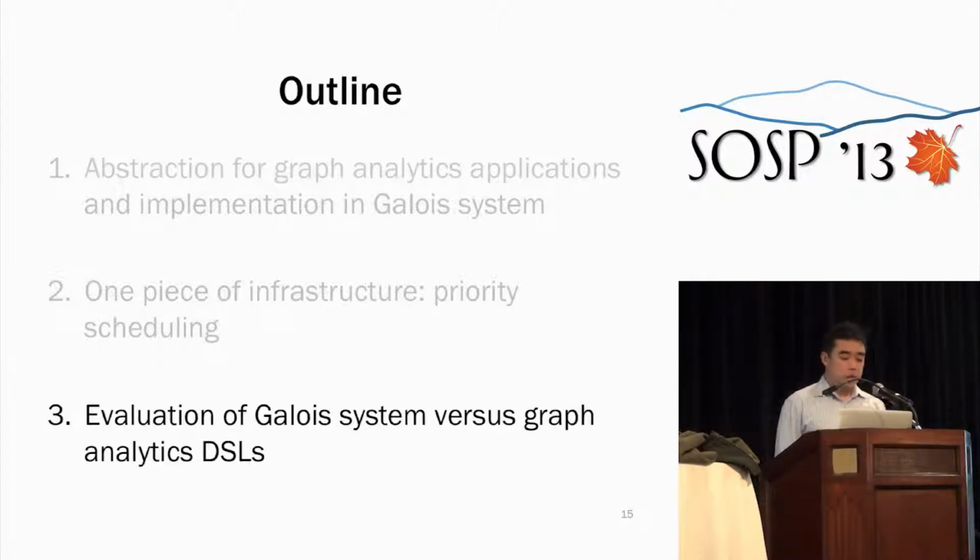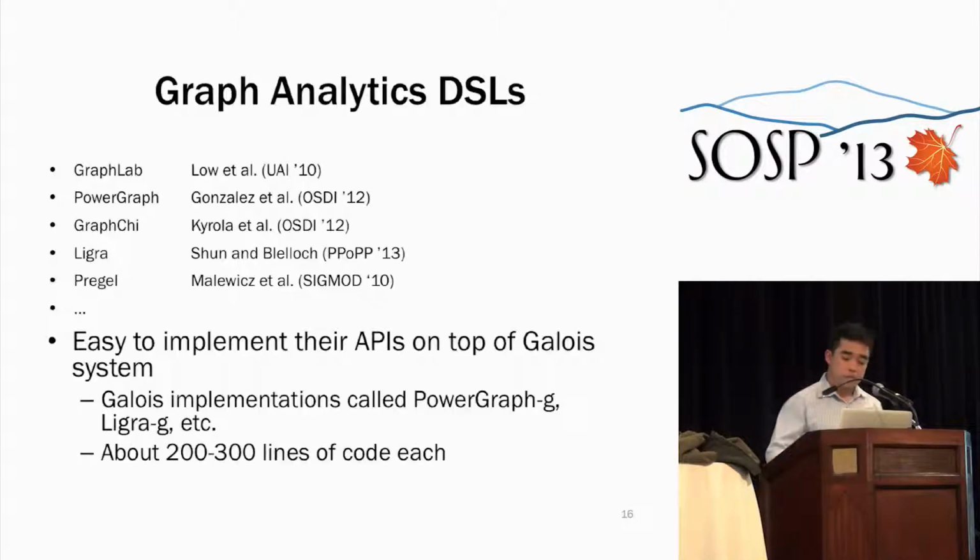And now I'm going to describe our evaluation of applications written in the Galois system versus those written in graph analytics DSLs. As you might have heard from this talk and previous talks, there are many systems for doing graph analytics. Many DSLs have been proposed recently in the literature. It turns out it's easy to implement many of these APIs on top of the Galois system.